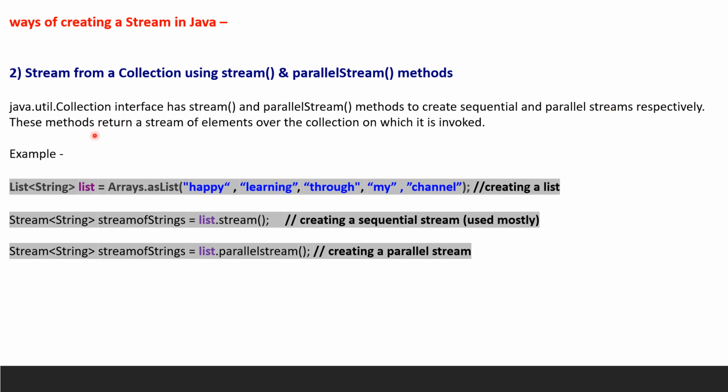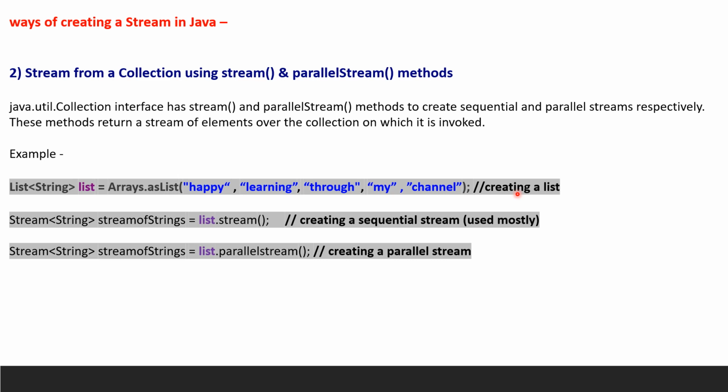They return a stream of elements over the collection on which it is invoked. So how are we going to do it? We create a list of String type, list equal to Arrays.asList, with happy learning through my channel as the values in the list. So we just created a list here.